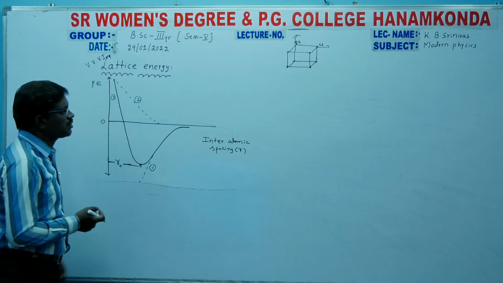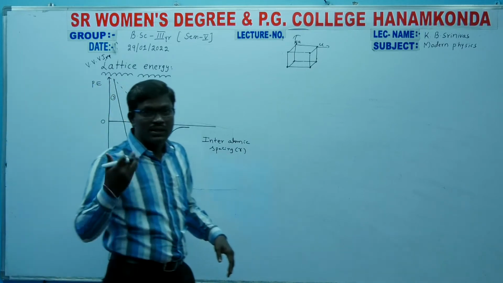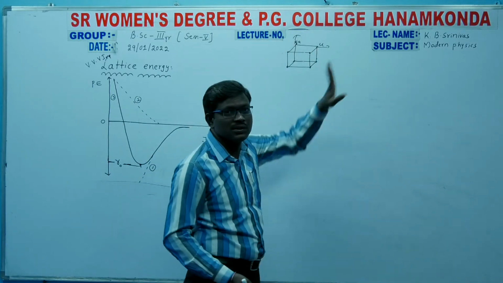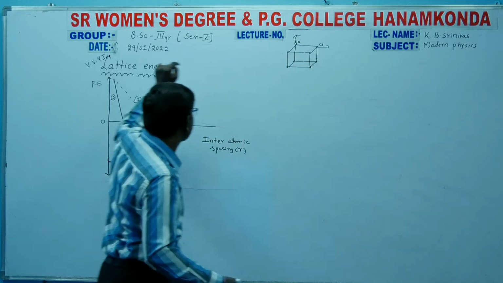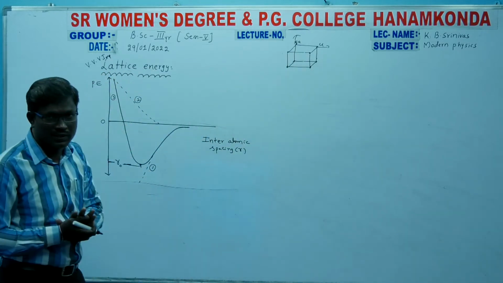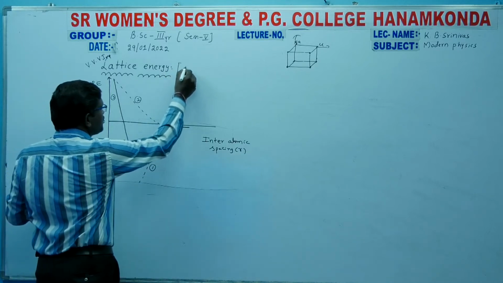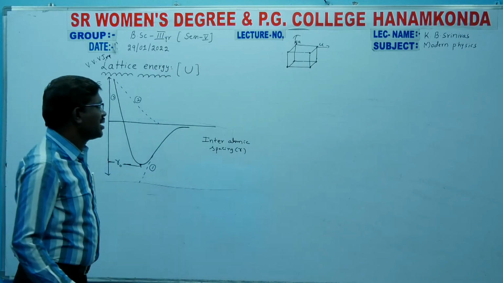Just listen carefully. What is lattice energy? The energy required to remove the ions from the lattice of the crystal is known as lattice energy. That is represented by capital U. Right.